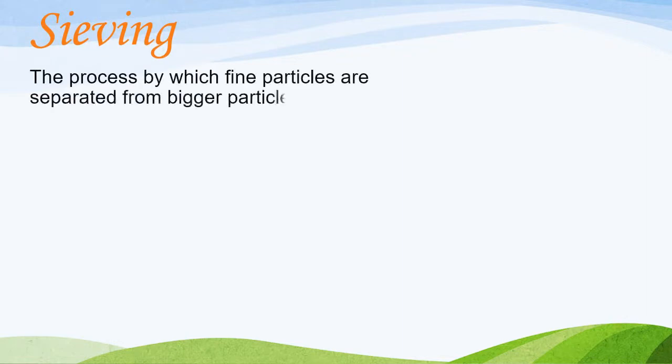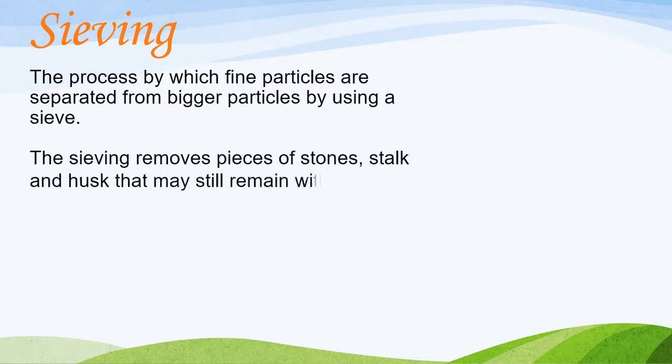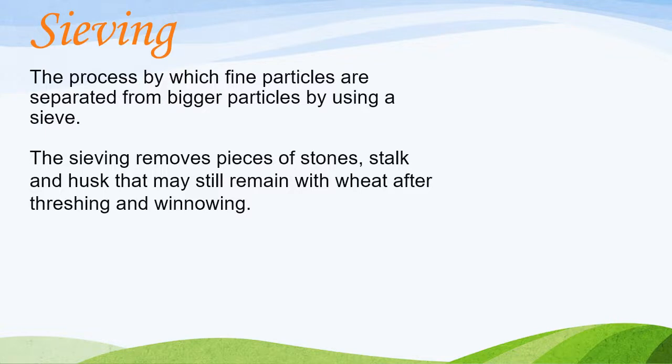Sieving. The process by which fine particles are separated from bigger particles by using a sieve. In this process, fine particles are separated from bigger particles with the help of a sieve. Sieving removes pieces of stones, stalk and husk that may still remain with wheat after threshing and winnowing.